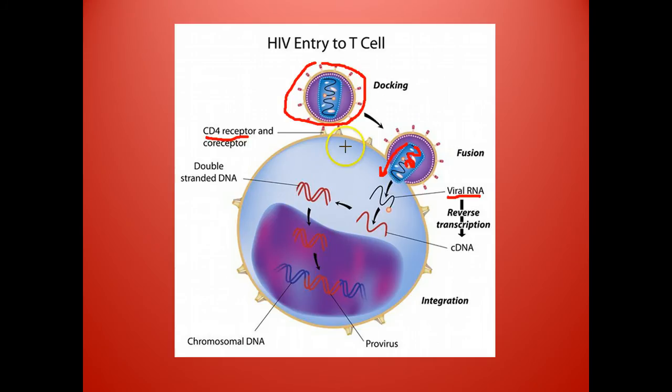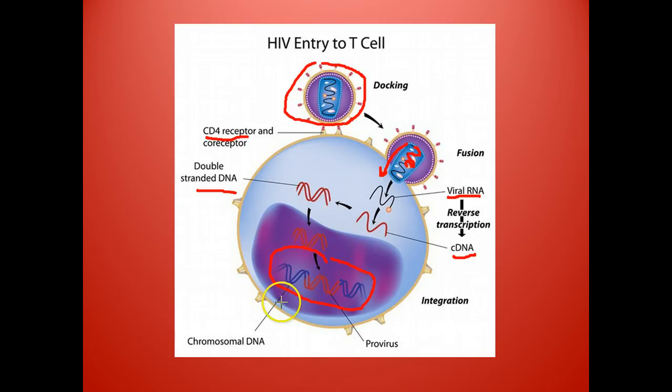attaches to the CD4 receptor, fuses into the cell, and then that viral RNA uses reverse transcriptase, which is part of the virus, to make cDNA, which is essentially a single-stranded DNA. Here you see that it then copies itself into a double-stranded DNA, which can be incorporated into the DNA of that cell.